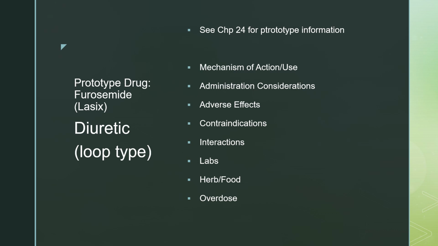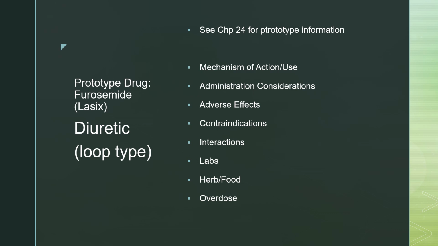So you want to make sure that you are watching strict I's and O's, watching their vital signs, and making sure they do not become dehydrated or hypotensive. The result of hypovolemia again causes orthostatic hypotension and syncope, and to reiterate, this medication is ototoxic, so we need to be mindful of teaching our clients that this can cause hearing damage.